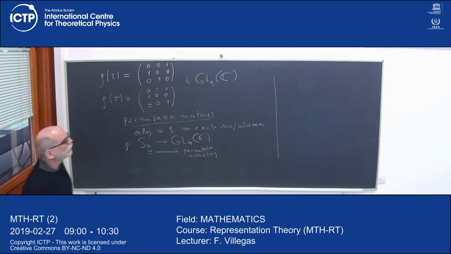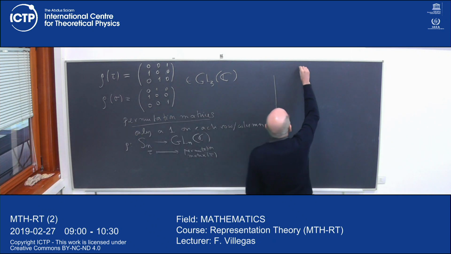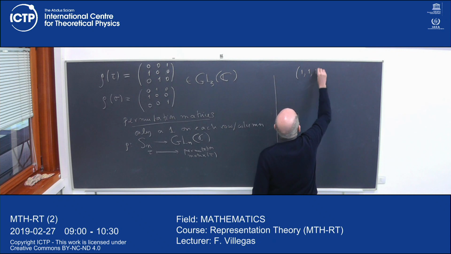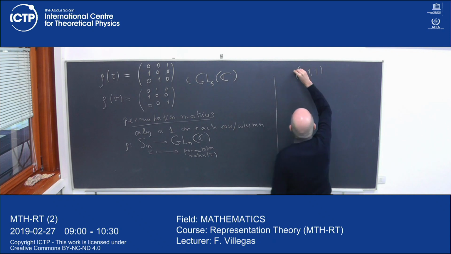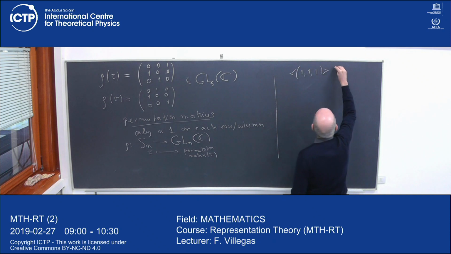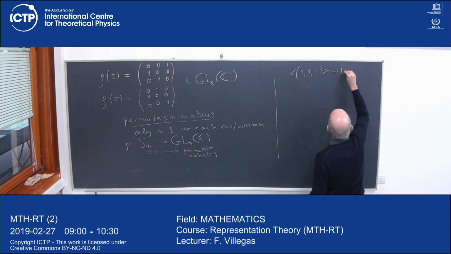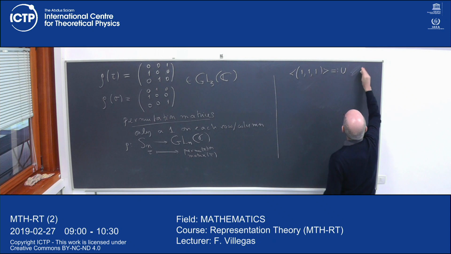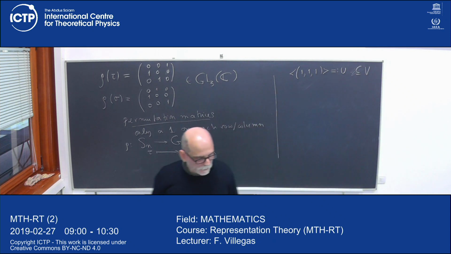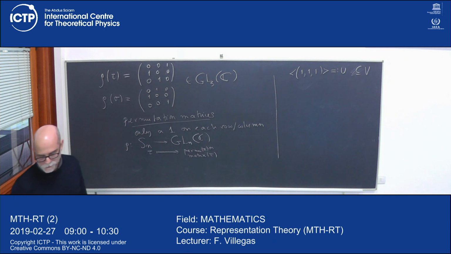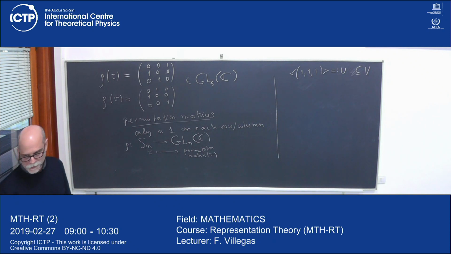Right. The subspace U generated by this vector is completely fixed by the whole group, because the group permutes the coordinates, and certainly if all the coordinates are the same, then you don't see the difference.